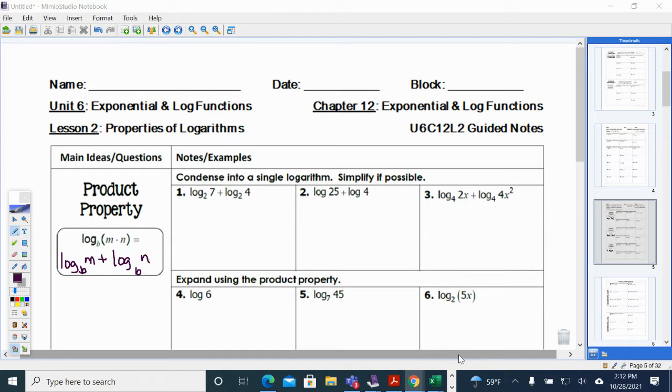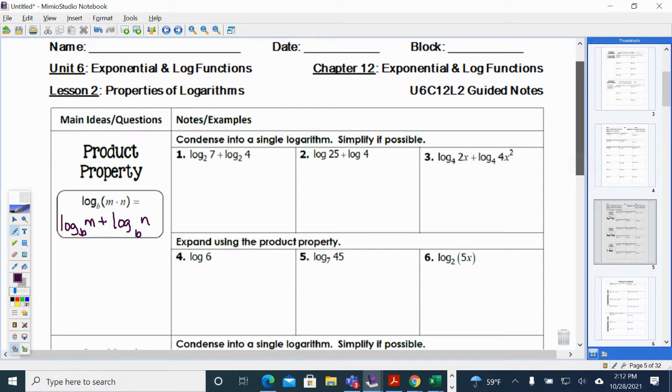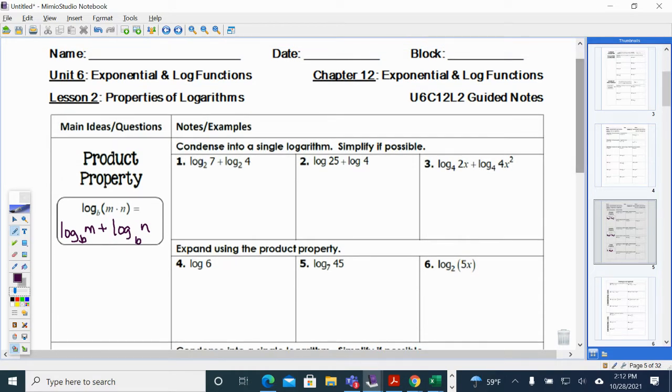So this first one is called the product property. If you have log base b of m times n, it's going to be equal to the log base b of m plus log base b of n.